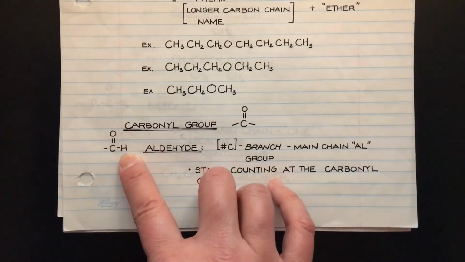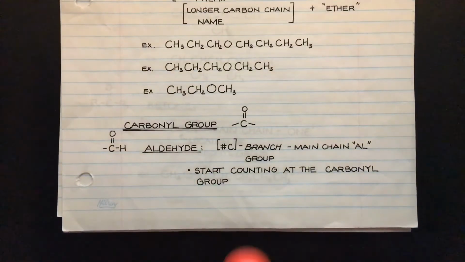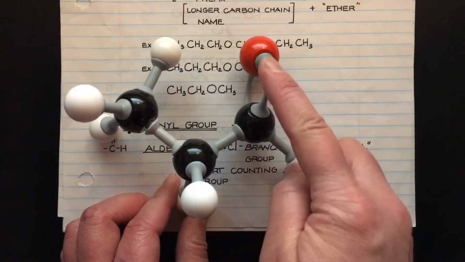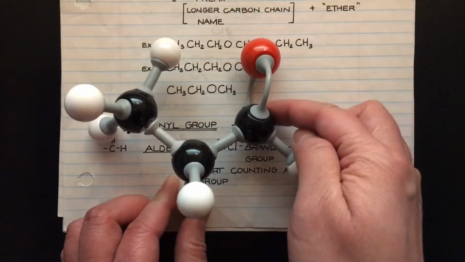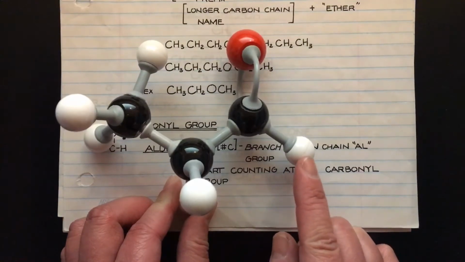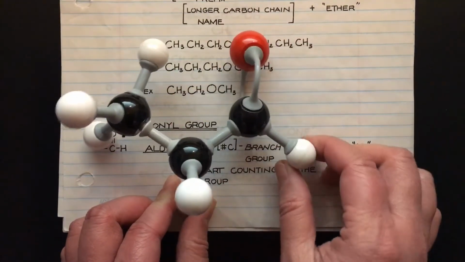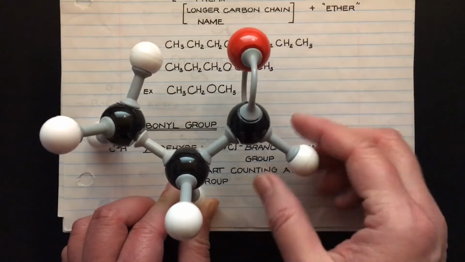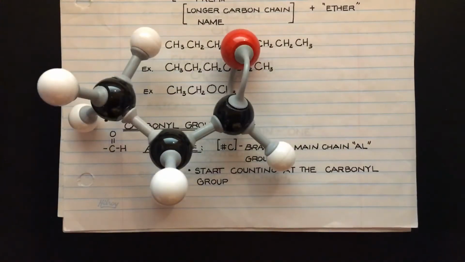an H. And so in this case, I'm going to show you the 3 carbon chain, but now you have a carbonyl group. So this is carbon with a double bond oxygen, and then at the end over here you have your hydrogen. Now, when you take a look at this, you must recognize that you have that carbonyl group with the hydrogen, and it is quite unlike the alcohol.